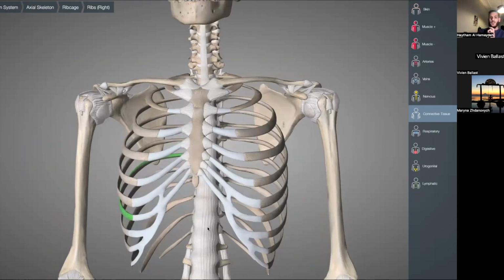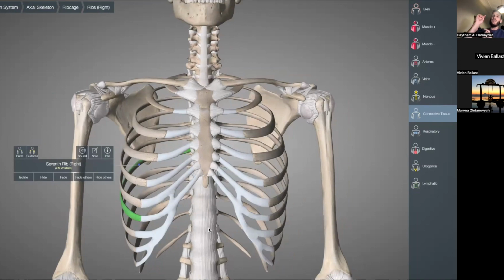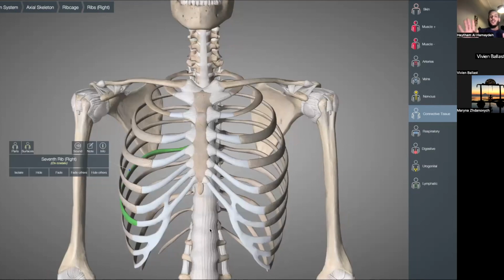Finally, rib number 11 and rib number 12, they are called floating ribs. Why are they called floating ribs? Because anteriorly, they do not have any articulation with the sternum or the ribs or anything. They are just floating. So the only articulation for the floating ribs is on the vertebra.